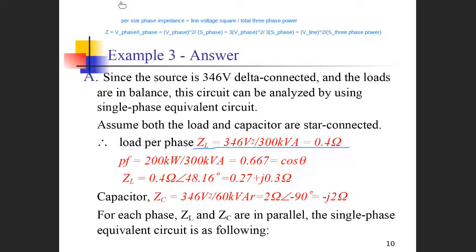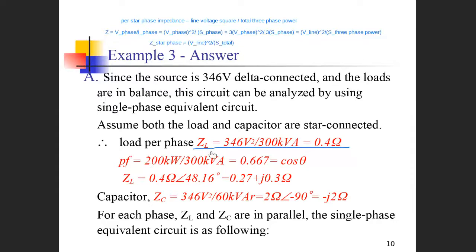So that's why we have the star phase impedance equal to V line squared over the total power.